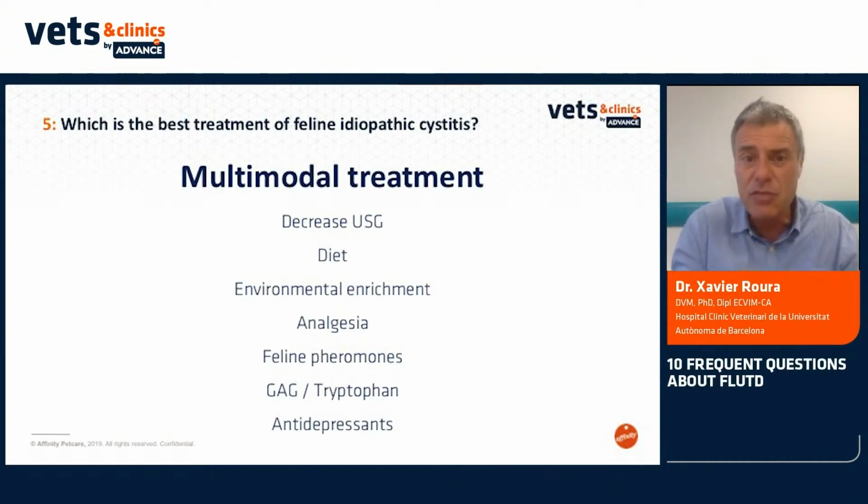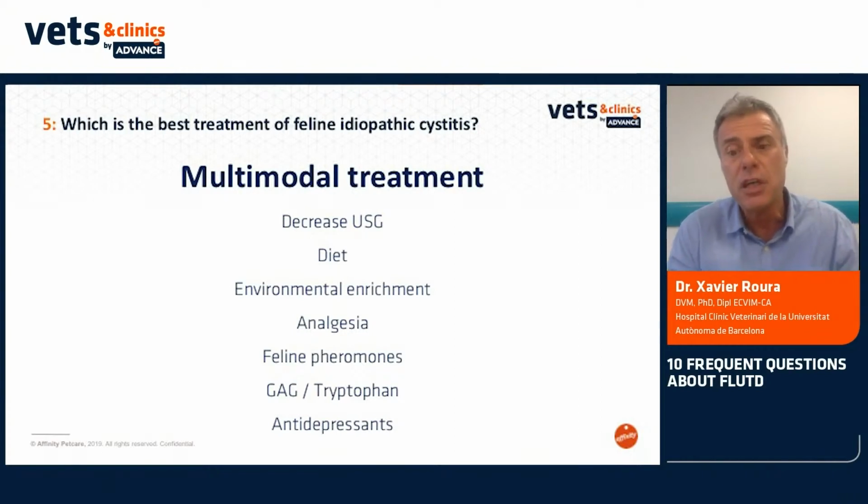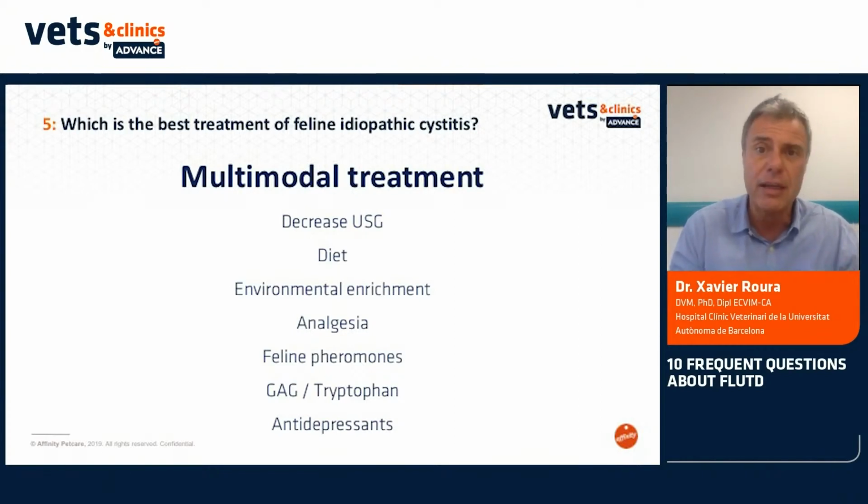But these three are the best treatment of feline idiopathic cystitis. So a combination of these three treatments plus the other treatments could be this kind of multimodal treatment that has efficacy in the control of feline idiopathic cystitis.